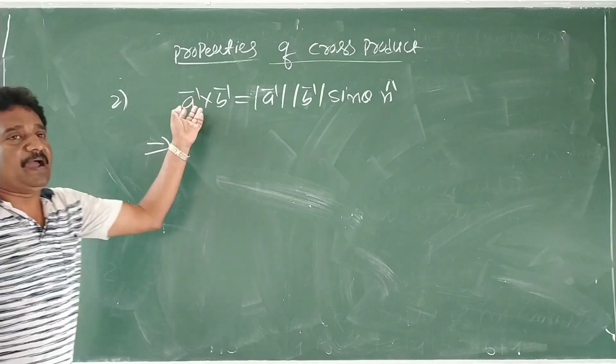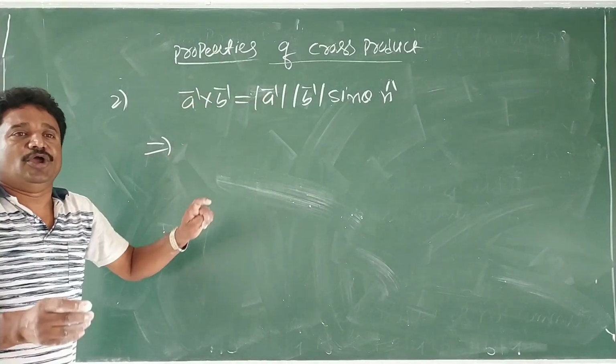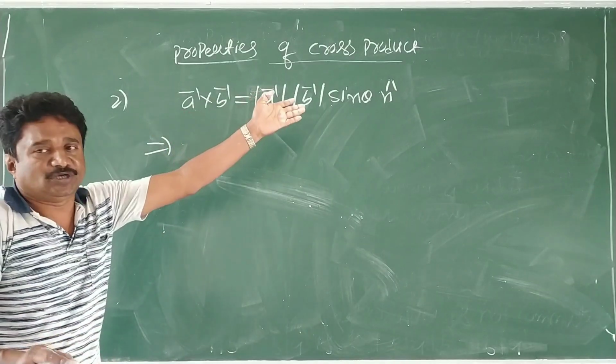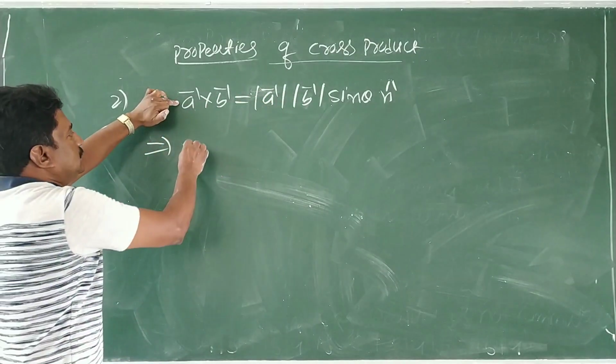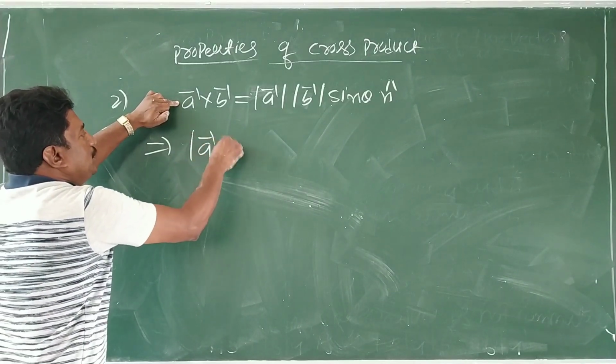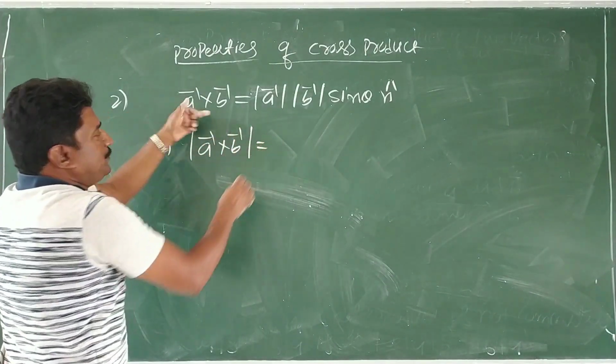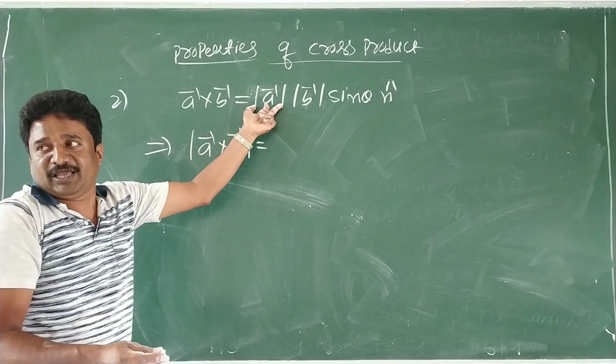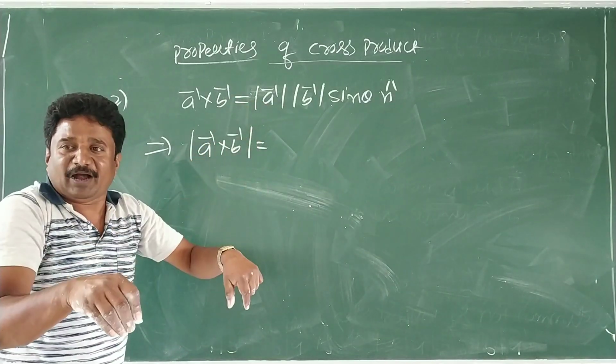Let us find the magnitude on both sides. I am going to write mod on both sides. So let me see what happens. Here I am finding the magnitude. Magnitude of A cross B. Already we have the magnitude of vector A. Is it required to write one more mod?